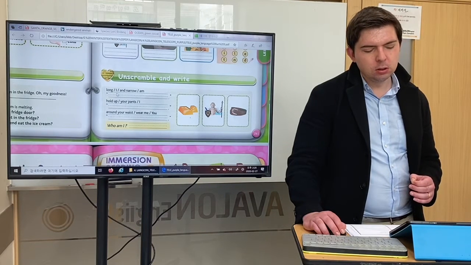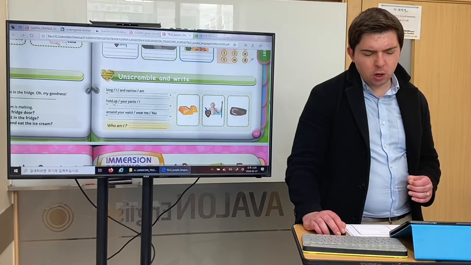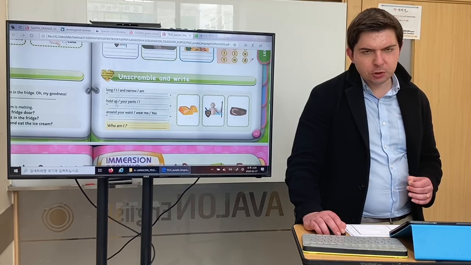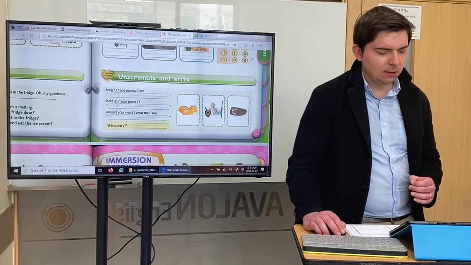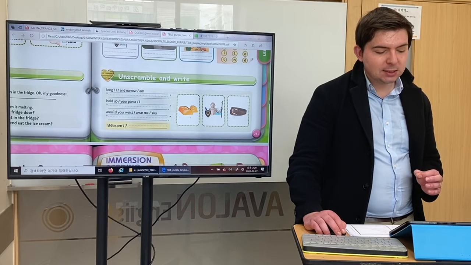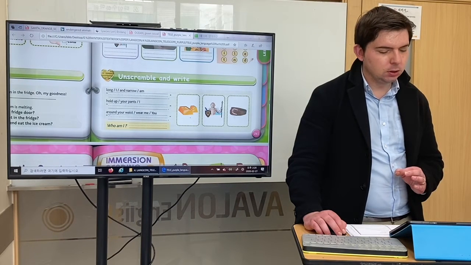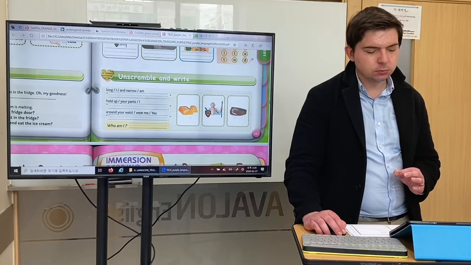I am long and narrow. Okay. And the second one, "hold up your pants eye." I hold up your pants. Very good. And the last hint, "around your waist, wear me you." You wear me around your waist.